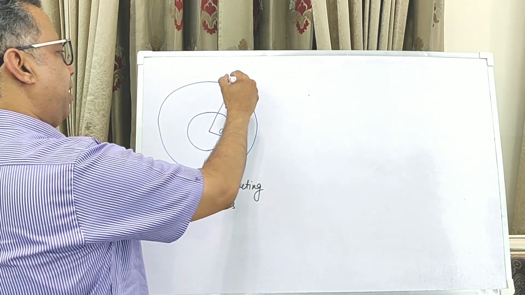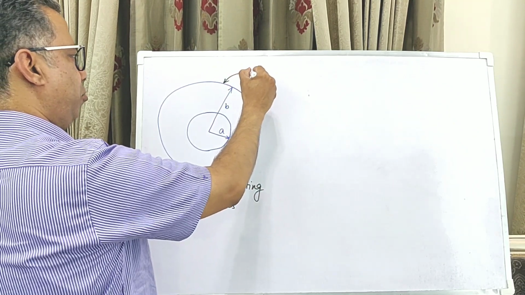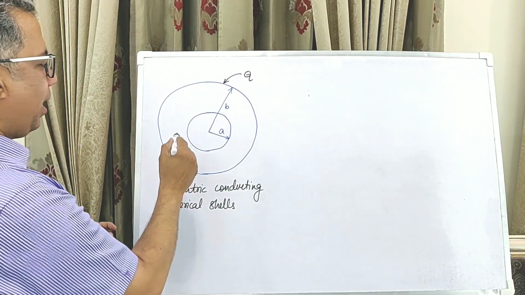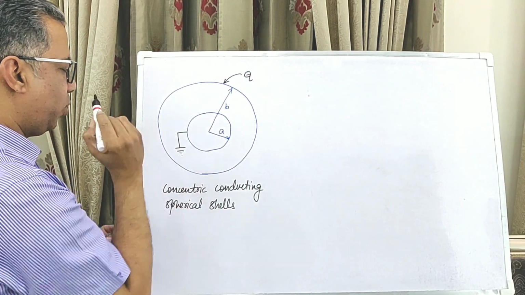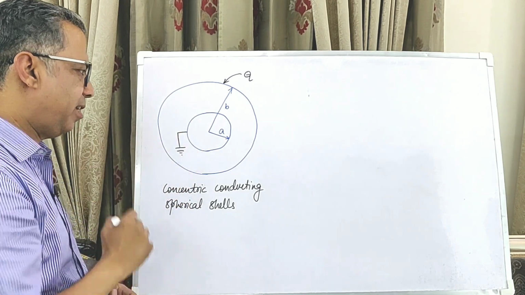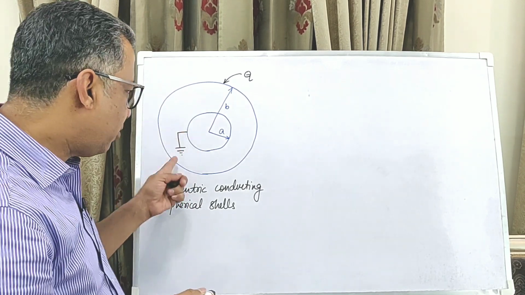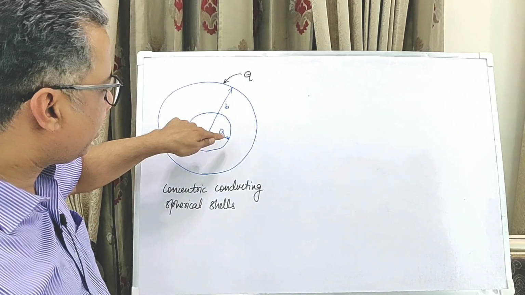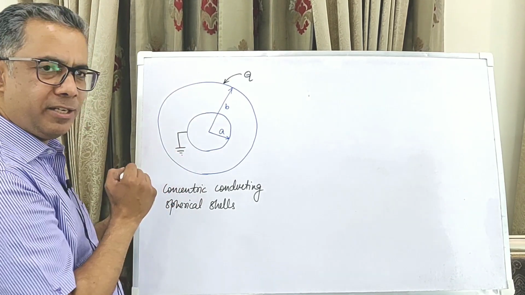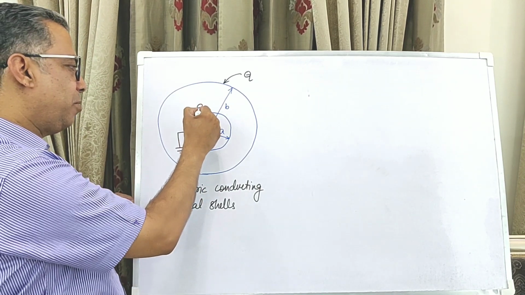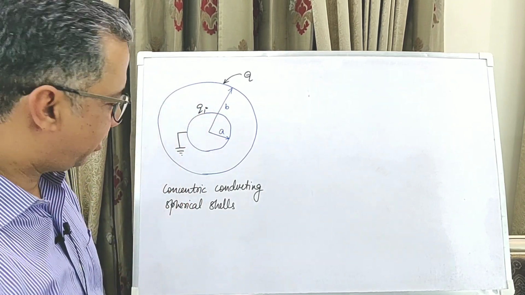Now the outer shell has a charge Q on it and the inner shell is connected to the earth. So we've done an earthing here, and as a result of the earthing, because this conductor has some charge in its neighborhood, some charge Qi will now appear on it.